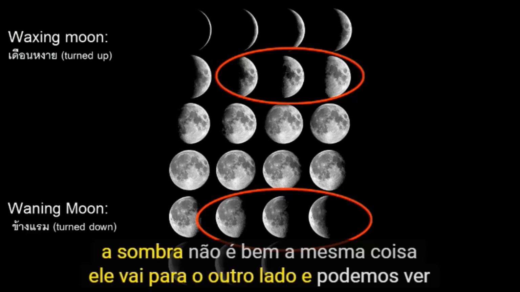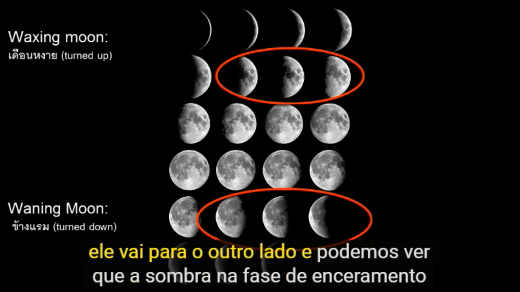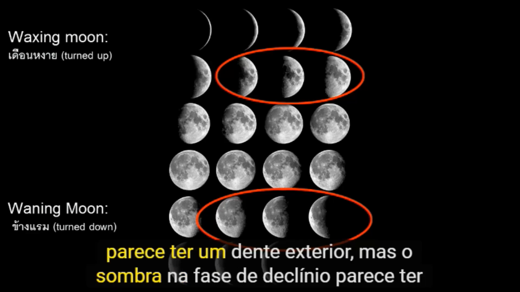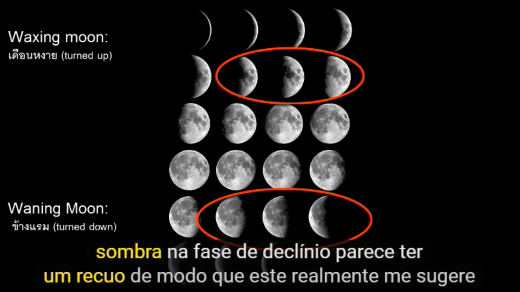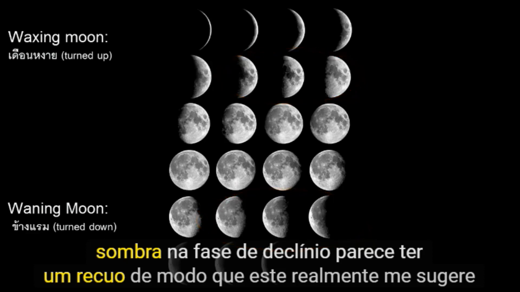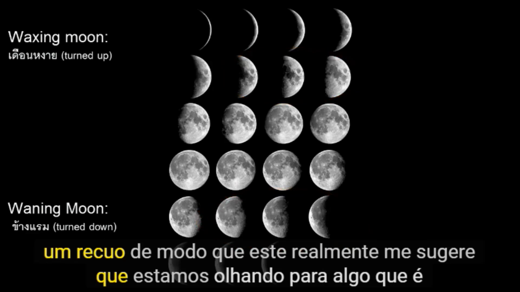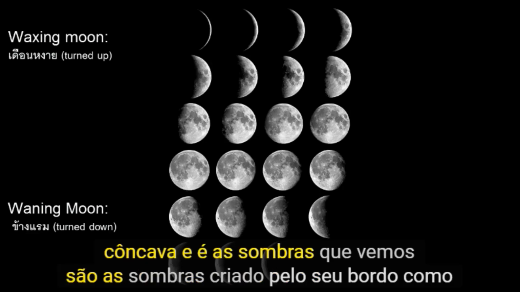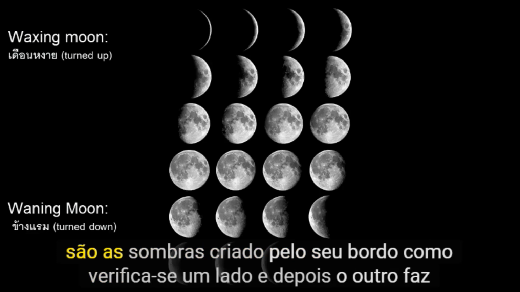It's going the other way, and the shadow in the waxing phase seems to have an outdent, but the shadow in the waning phase seems to have an indent. So this really suggests to me that we are looking at something that is concave, and the shadows we see are the shadows created by its edge as it turns one way and then the other.